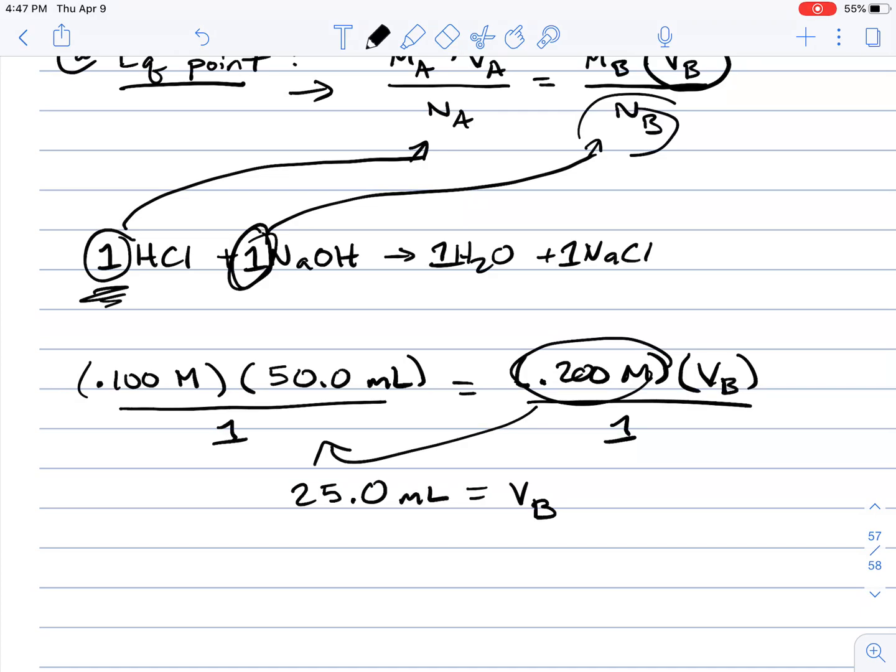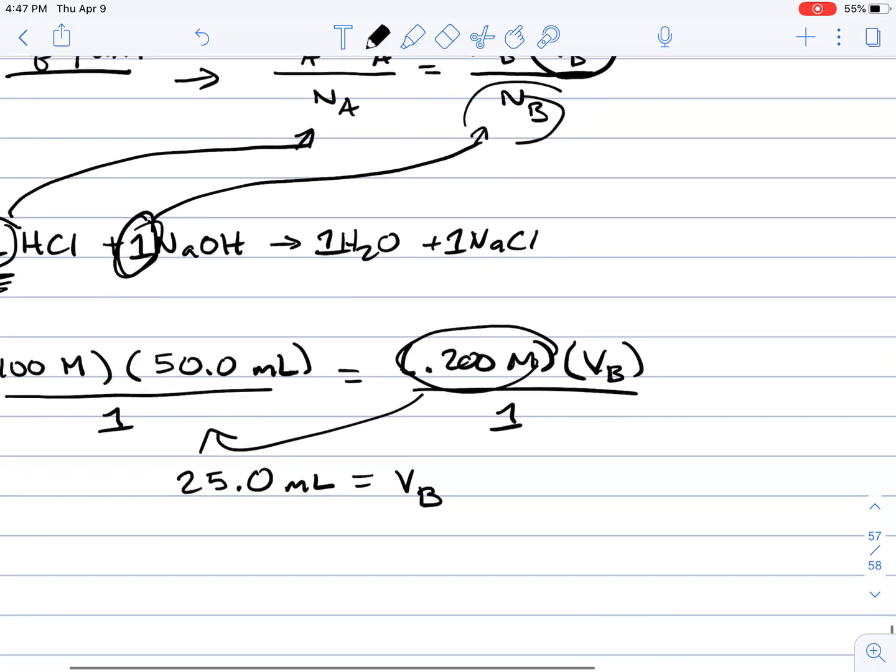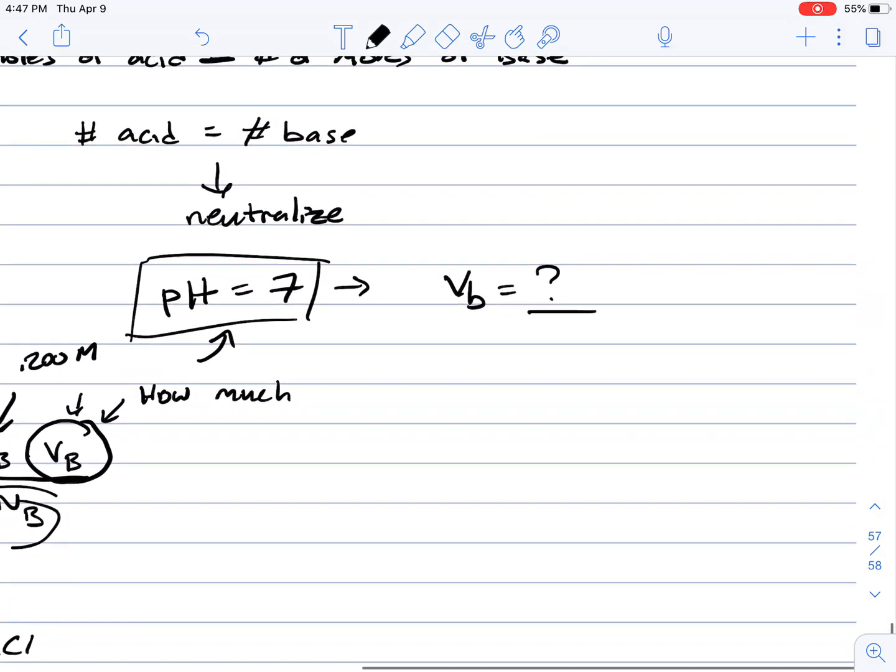All right, so the volume of the base using that equation is going to give me 25.0 milliliters. Now, this pH and this volume is going to describe the third point in my titration curve.